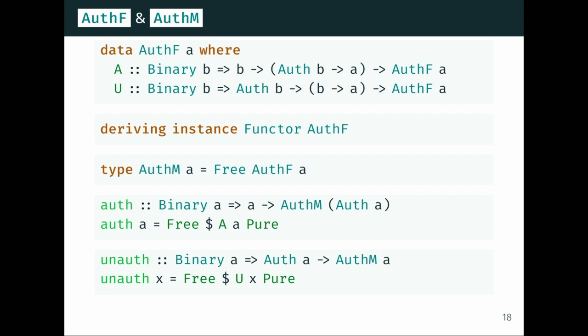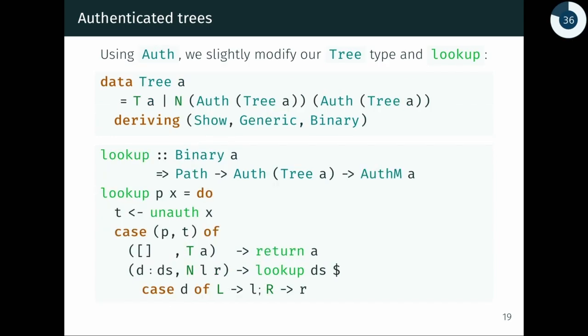So now I have constructed a monad that has these two additional operations. I mean, they don't do anything. It's a free monad, so it's just syntax. But now I've constructed a monad that has this operation auth from A to Auth A, and unauth from Auth A to A. Okay, but so far nothing has happened. I just set up the syntax. Now, how do you use that for our example? You slightly have to modify the tree type.